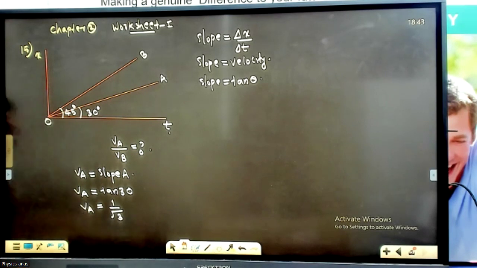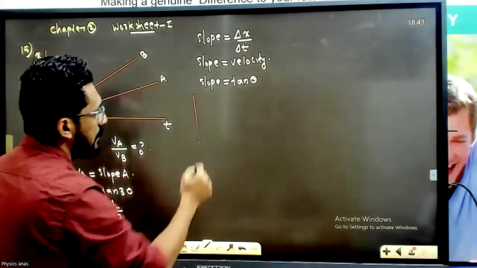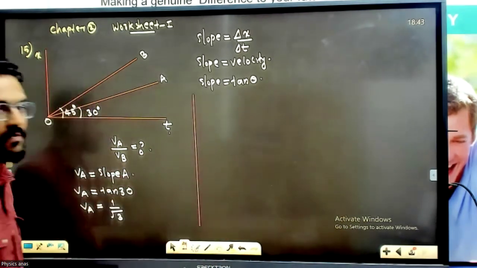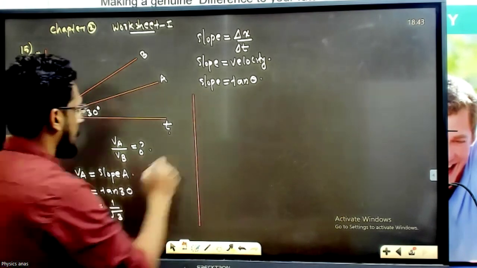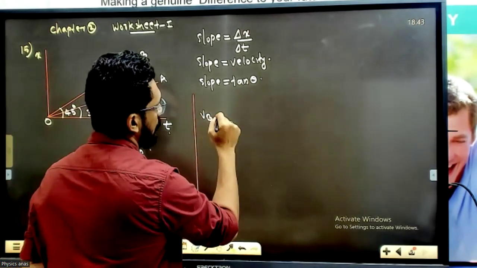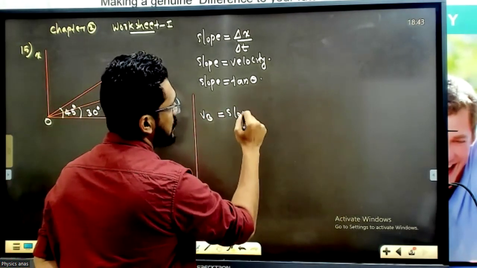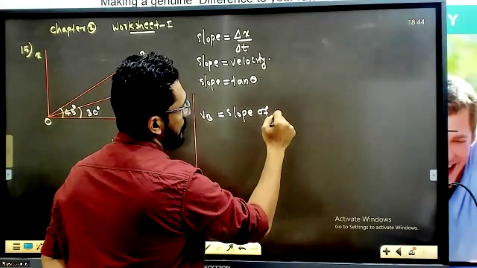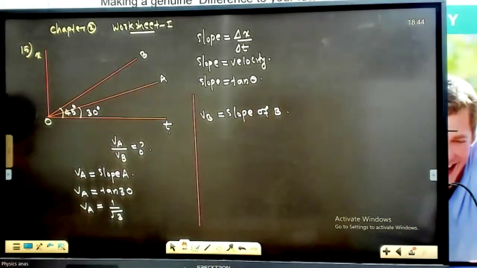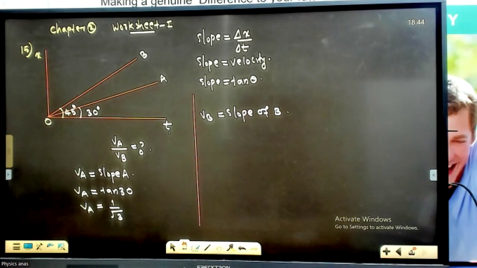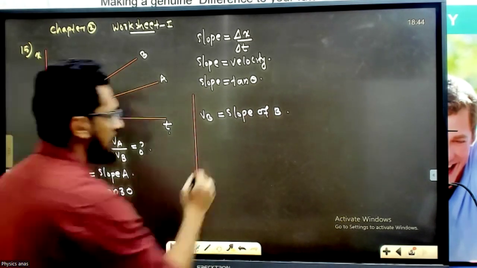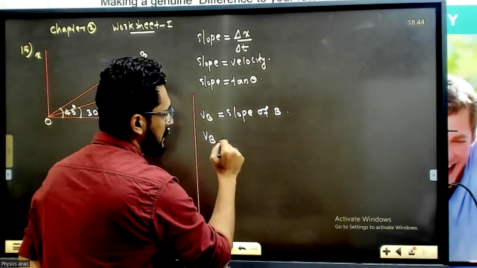Got it? Now, what will be the value of VB? Help me. VB will be the slope of B, right? Velocity of B will be slope of B. What will be the slope of B if theta is given?